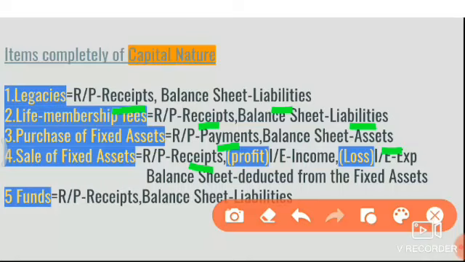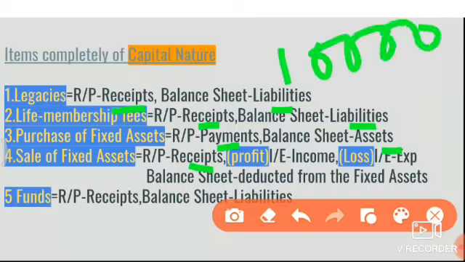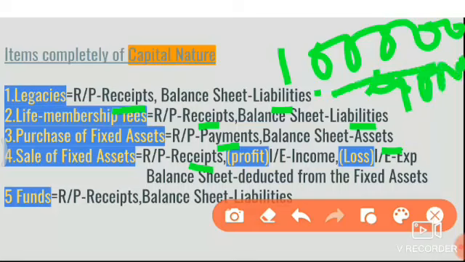For example, if an asset is sold for rupees 1 lakh, then it will be shown as rupees 1 lakh in the receive side of the receipts and payments account. And in the balance sheet, this amount is deducted at cost. Suppose the cost of the fixed asset is 90,000, then the amount of deduction will not be 1 lakh rupees, but it will be 90,000 from the asset in the balance sheet.